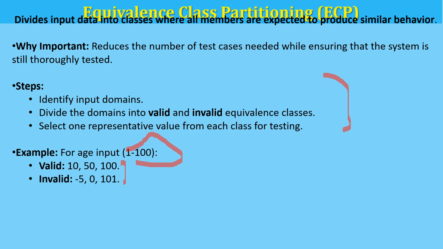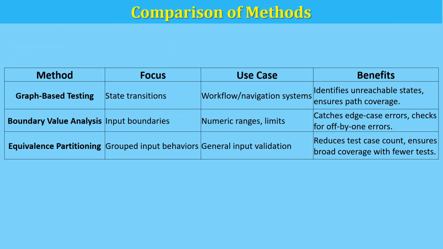Comparison of methods. Each of the methods we have covered serves a different purpose and is most useful in different testing scenarios. Graph-based testing ensures all possible paths in a workflow or system with multiple states are covered, and it helps detect any unreachable or faulty states.